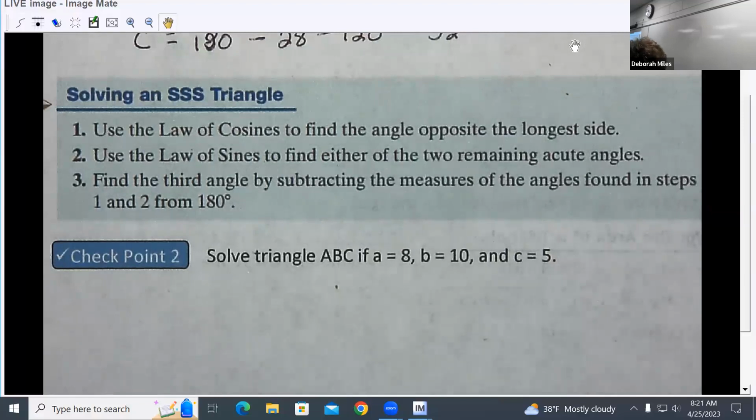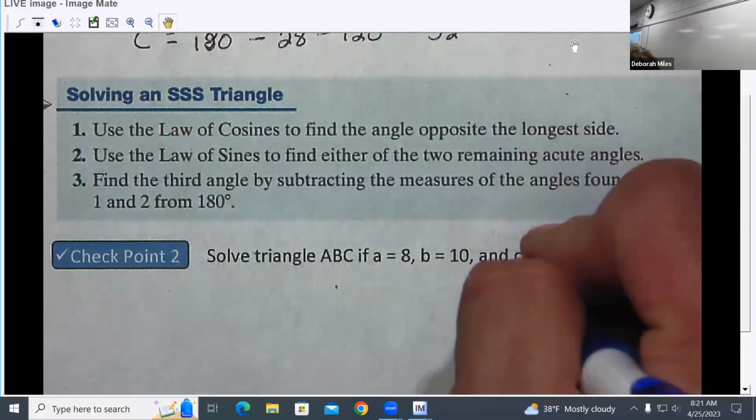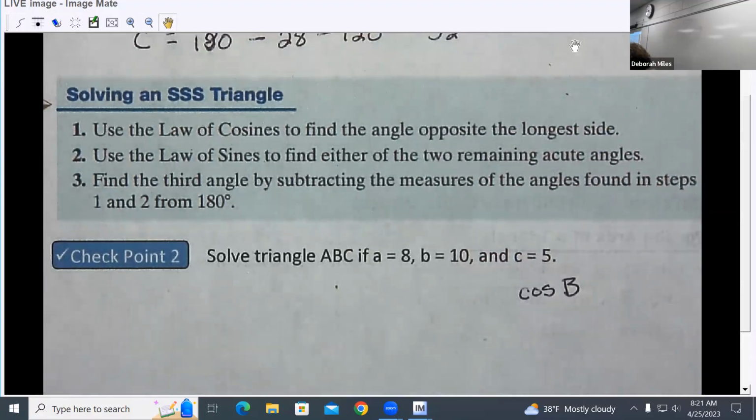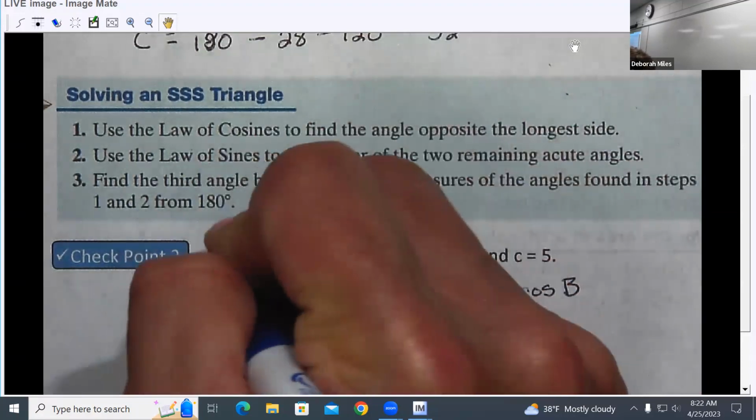B. So if I want cosine beta on the right-hand side, what do I have to start with on the left-hand side? B squared. All right, help me with those words.